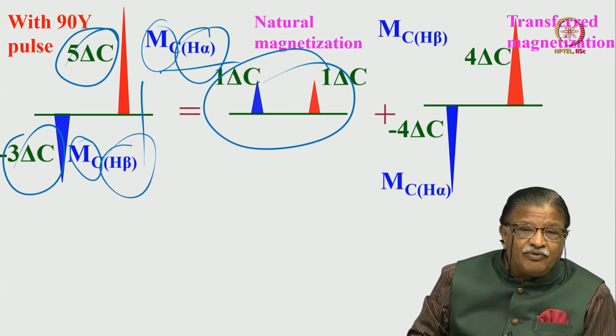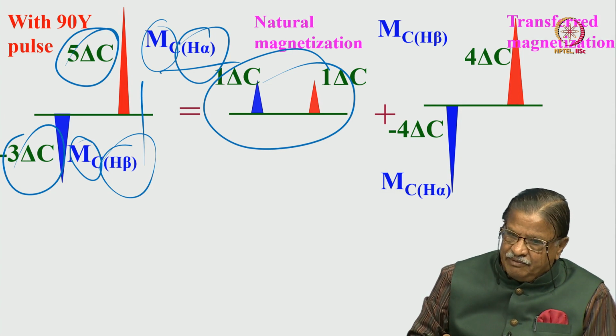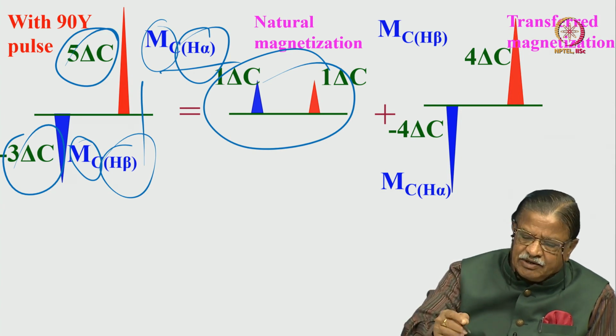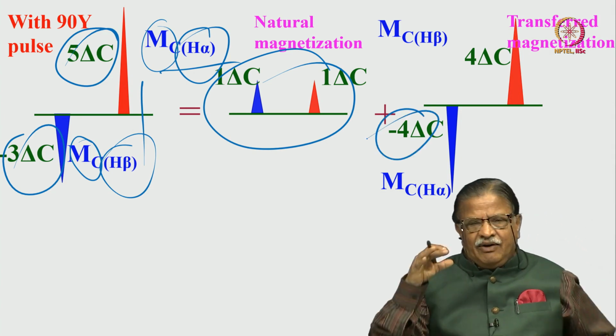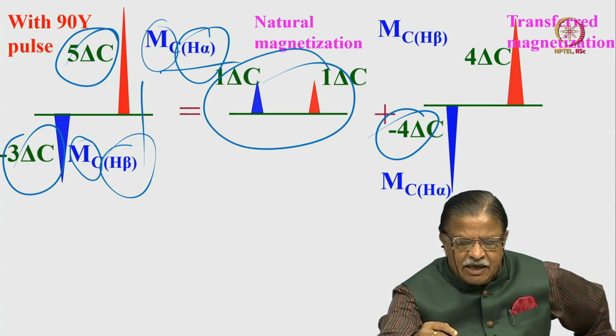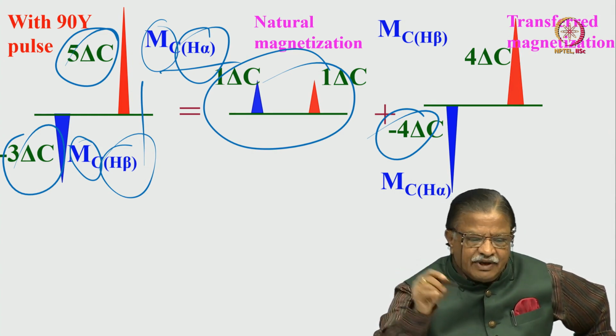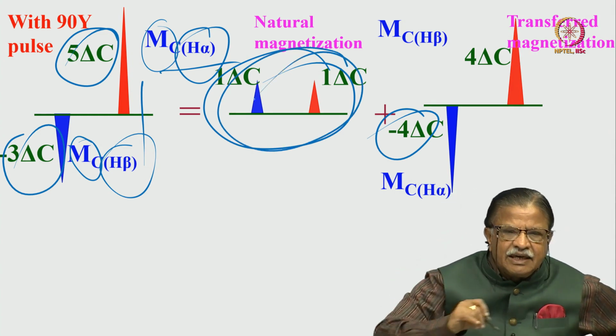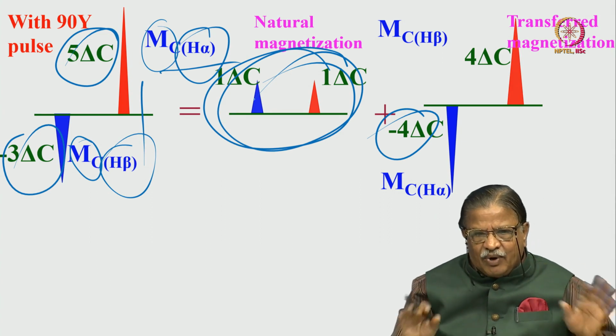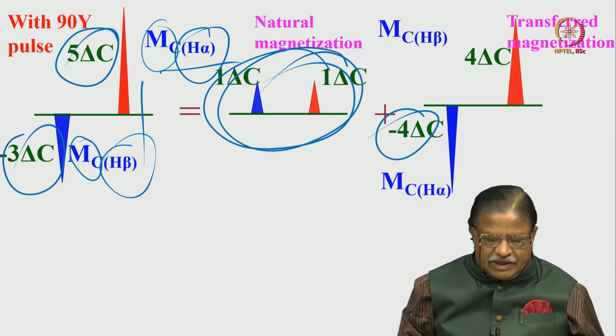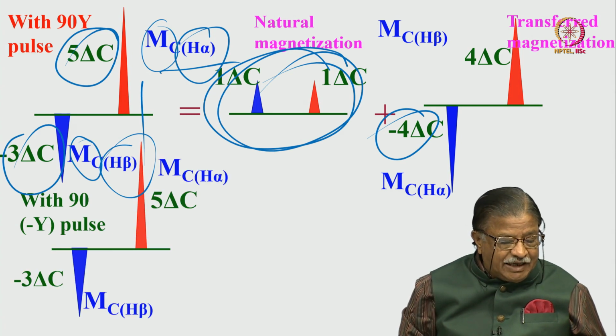Why did I take 4? Because gamma is 4 times smaller, so we know it has to be a 4 times gain. So, I have written that transferred magnetization has to be minus 4 and plus 4 antiphase. Natural magnetization is identical, 1. This is with the 90 pulse. Do another one with the 90 minus y pulse.